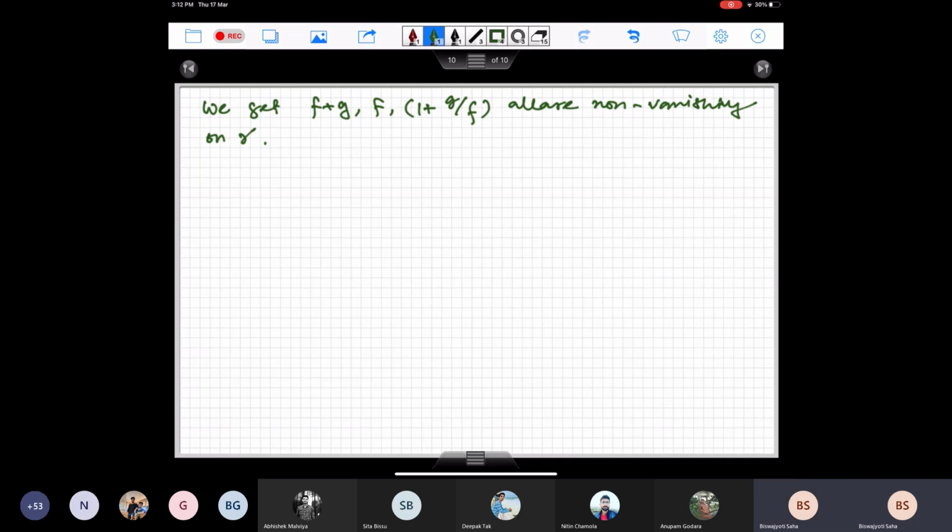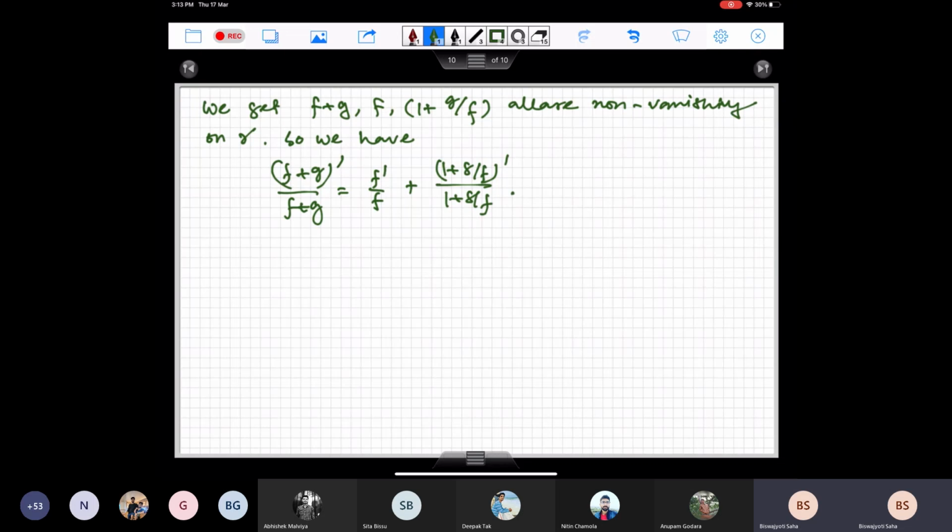So we have (f plus g) prime divided by f plus g is equal to f prime by f plus (1 plus g by f) prime divided by 1 plus g by f. This is what I get.